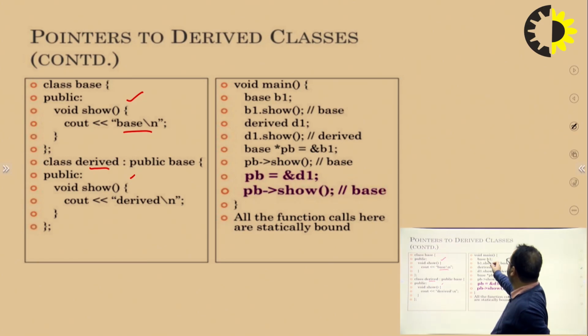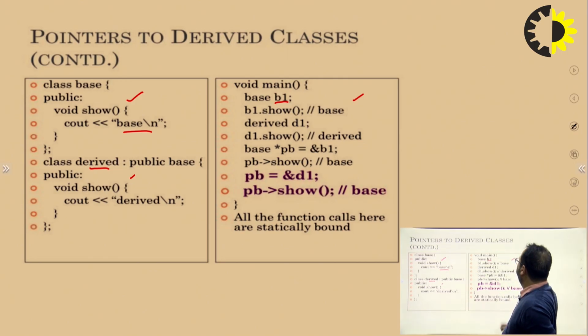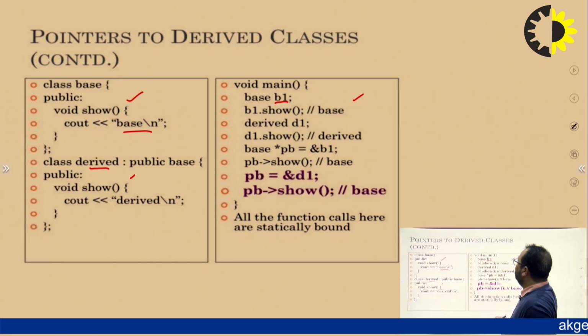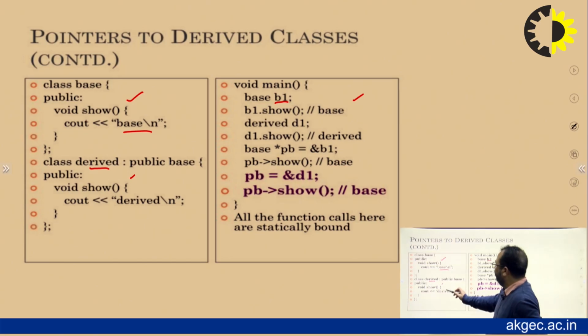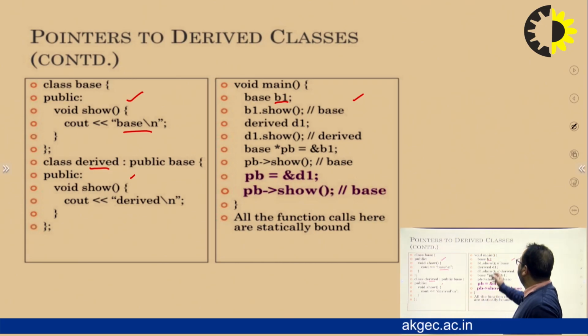Here we have created object B1. B1.show will simply print base, since the function name is the same and we have created a base class object.